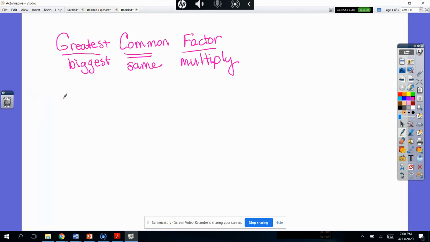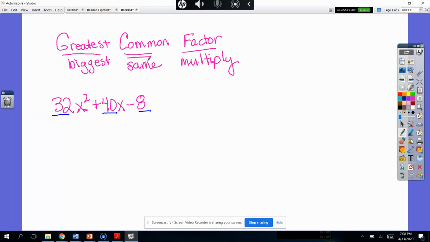So let's try one. We have 32x squared plus 40x minus 8. The first thing I'm going to do is look at the numbers: 32, 40, and 8. I want the biggest number that they all divide by, because the opposite of multiply is divide.